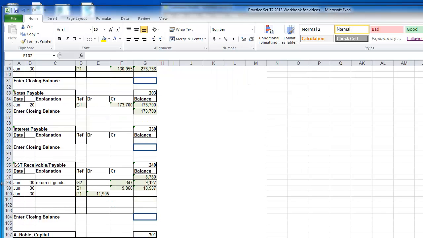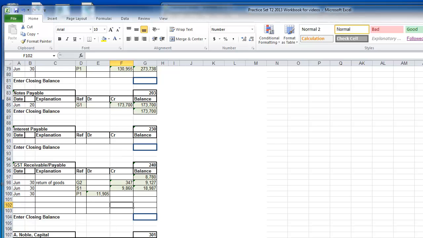And with our GST receivable and payable, the posting from the purchases journal where we purchased inventory, when we made those purchases, the suppliers collected GST from us on behalf of the ATO, so that becomes effectively an asset for us. That's GST we've prepaid.